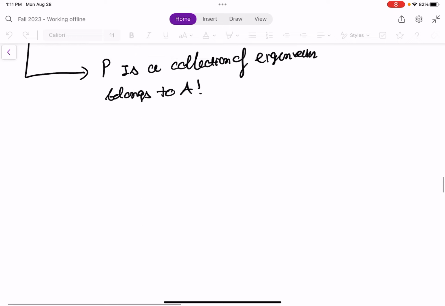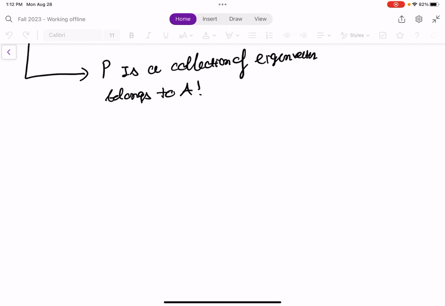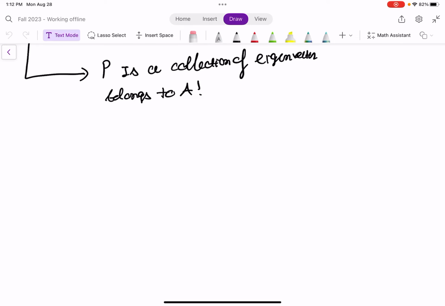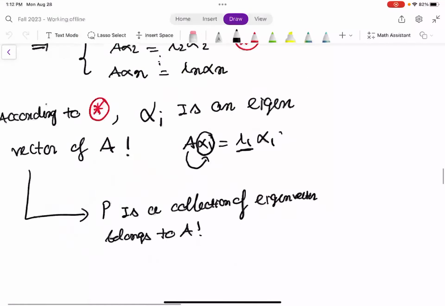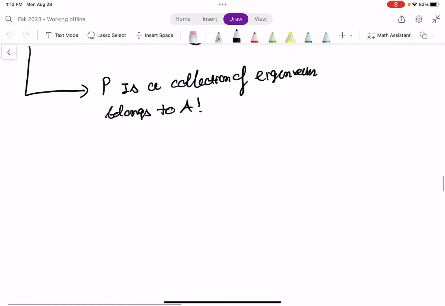So now, since we have noticed this, we can determine how to find the eigenvectors belonging to A, and that is going to be our P. Okay, so let me write down. My bad, I apologize. Let me go ahead and do this.